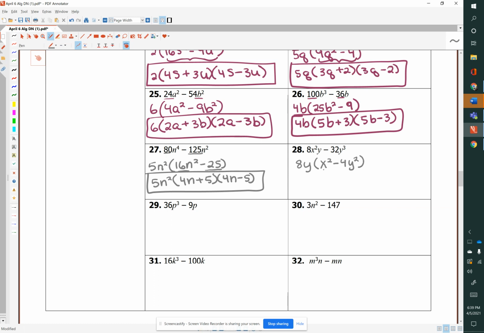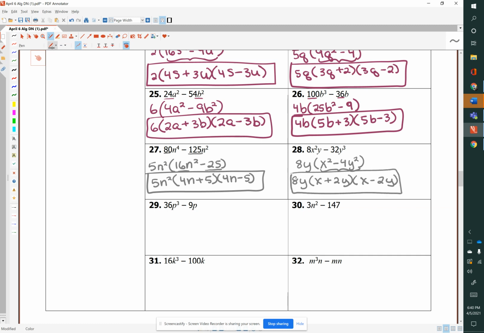Now there's our difference of squares right there. So let's write our difference of squares. That would be x plus 2y multiplied by x minus 2y. And that's our final answer there.